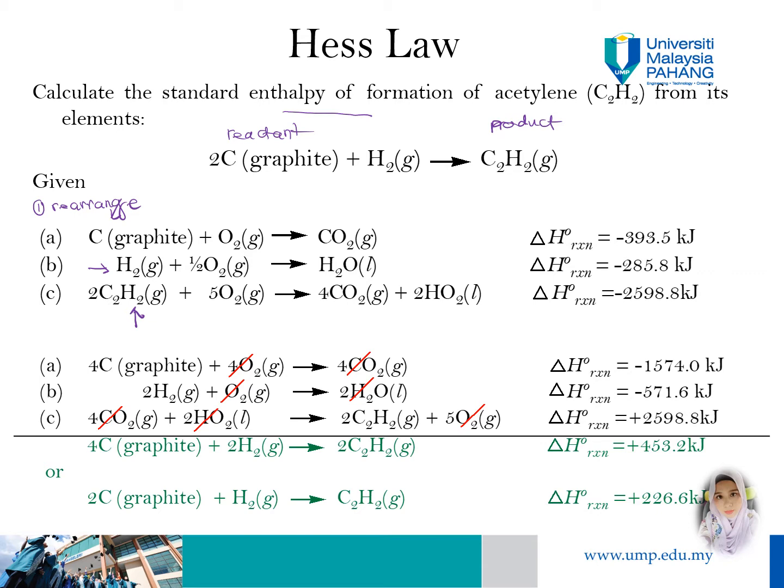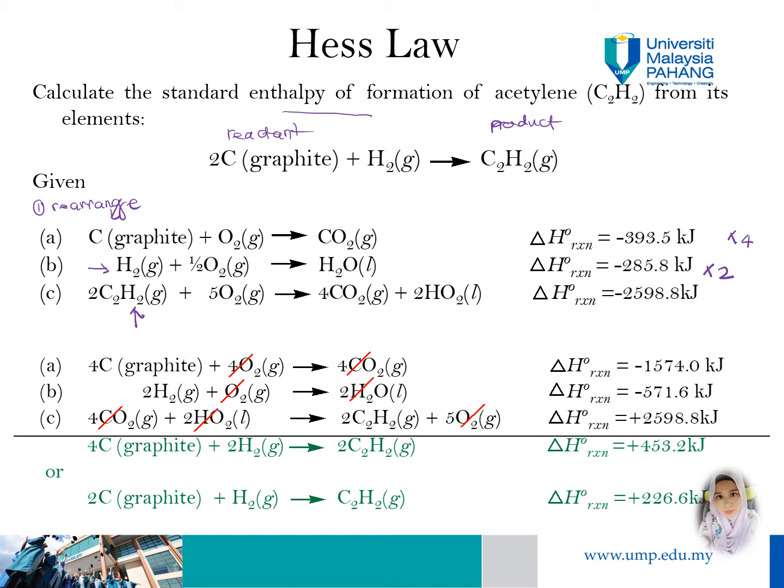Since we want to cancel between each step, we need to balance the equations. For step A, we multiply by 4, which means the value of the enthalpy is also multiplied by 4. For the second, we multiply the reaction by 2, so the enthalpy of reaction of step B is also multiplied by 2.